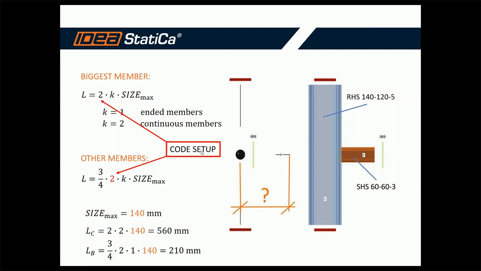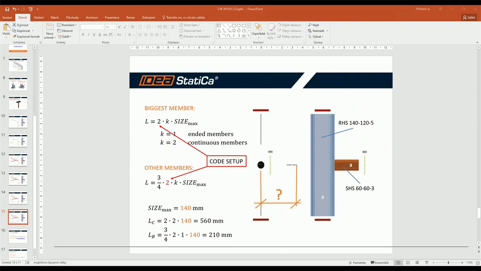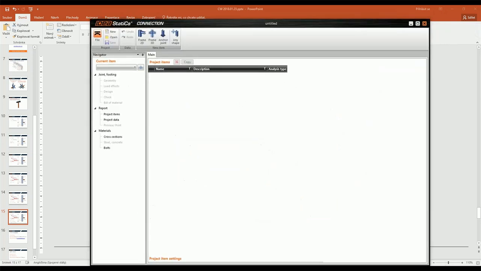Maybe I didn't mention that you can change the default length in geometry. Maybe I can show you an example.